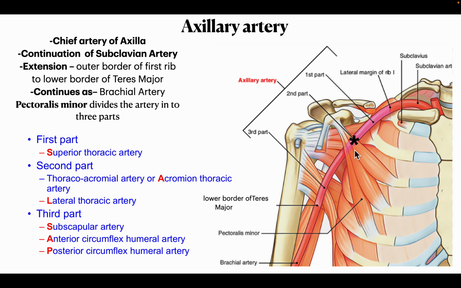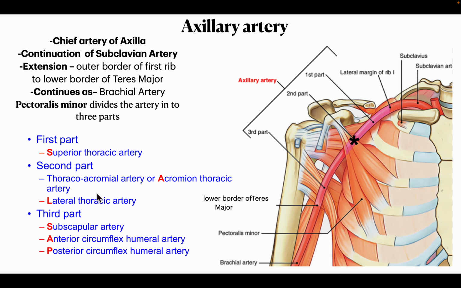This is the first part of the axillary artery, deep to the pectoralis minor we have the second part, and below that is the third part. From the first part, 1 branch arises; from the second part, 2 branches arise; and from the third part, 3 branches arise.